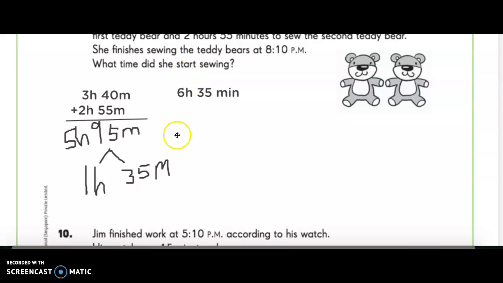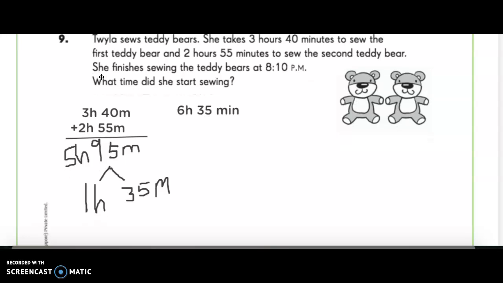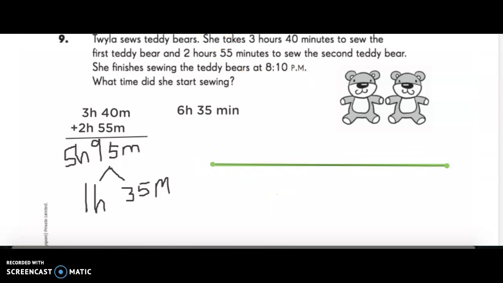Now the second part is they want to know what time did she start sewing. So this is a two-step problem here. So she finished at 8:10. So we'll get the timeline going, and we know her end time was 8:10, and now we need to work to find the start time.